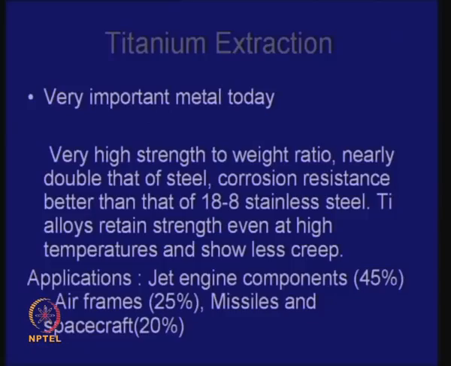Now, I move to a metal which is of vital importance, which is titanium. India should be a country that should produce a lot of titanium metal, because we are rich in ilmenite deposits. Unfortunately, we have so far produced only pure TiO2 from ilmenite.